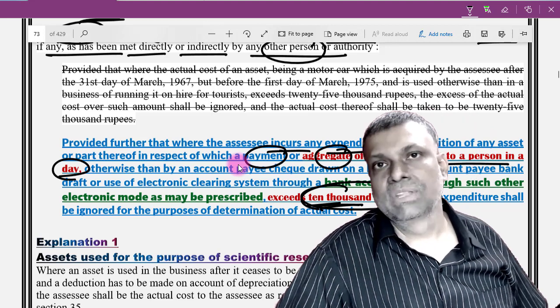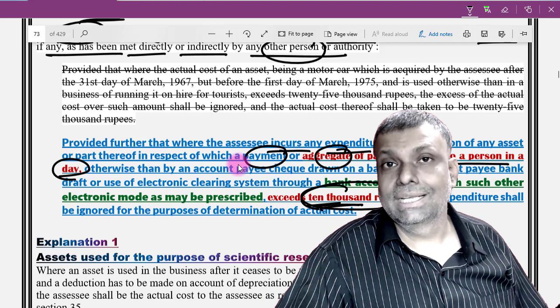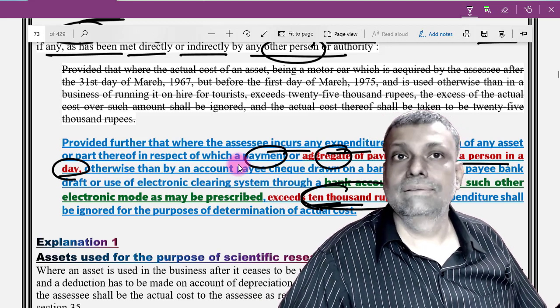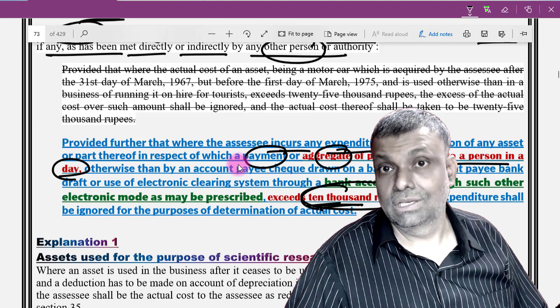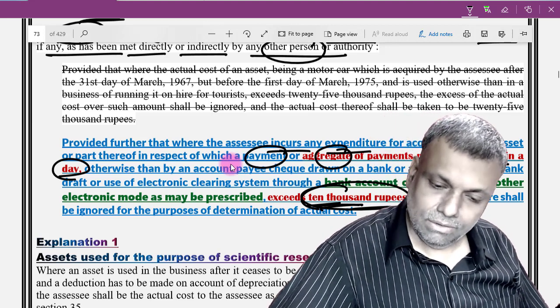Then it will not be treated as a part of the cost. That means to that extent, it will not be the cost. So logically, to that extent, you will not have the depreciation. That will be the ultimate situation in this particular category.